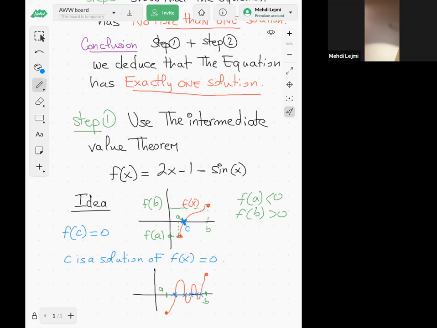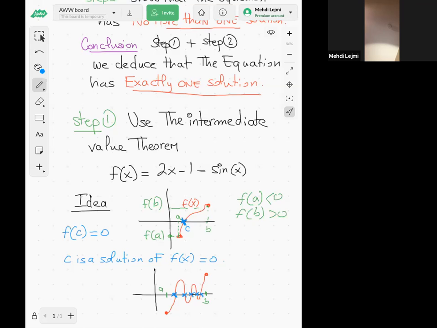Like here, we would have 5 different places where we cross the x-axis, so 5 different solutions of f of x equal to 0. So when you use the intermediate value theorem, you prove that the equation has at least one solution, because you're going to cross the x-axis at least one time.